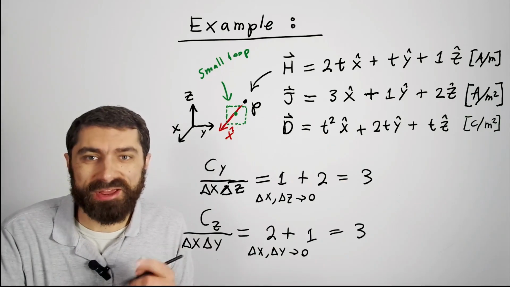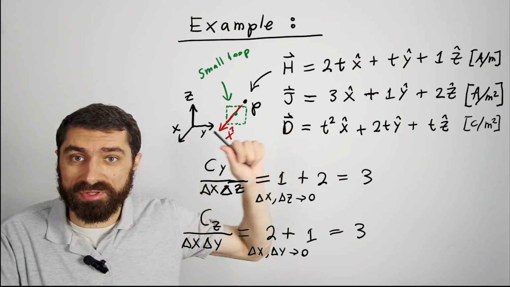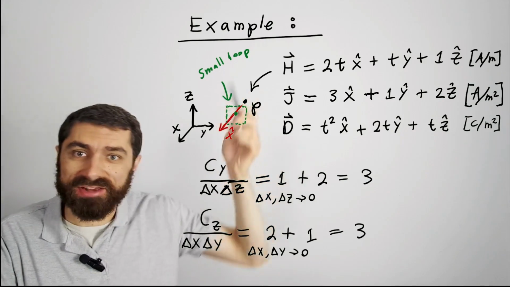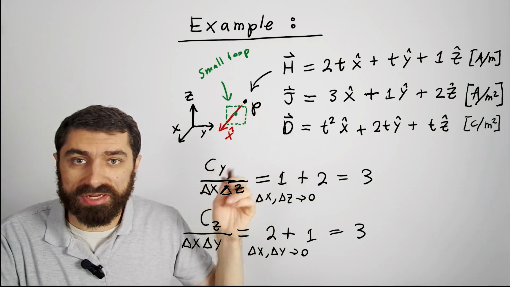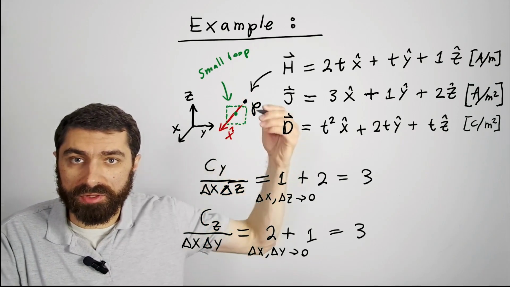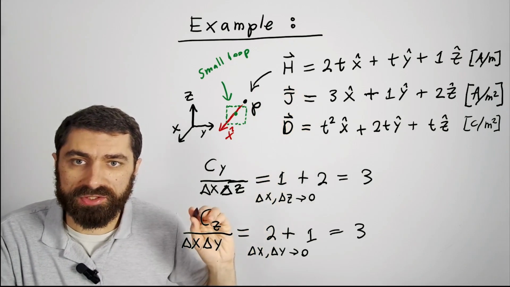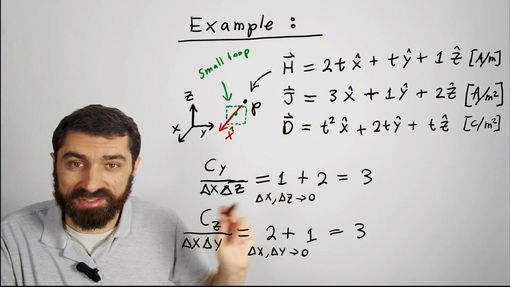Now the cool thing about this is that you could go through this same process except for the different unit vectors. So you could do the y hat direction and you could do the z hat direction. For the y hat direction, you'd find the circulation of a loop that wraps around the y hat vector, and then divide that by the area of the loop, which is delta x delta z.